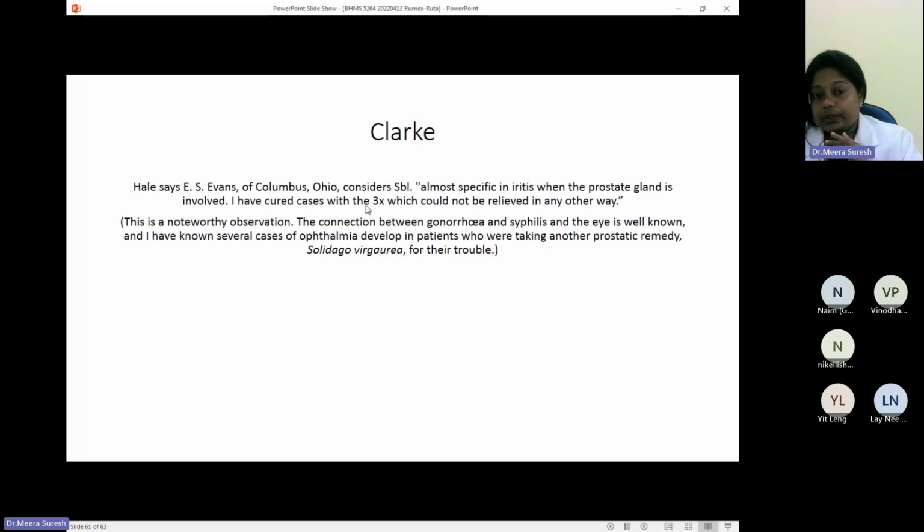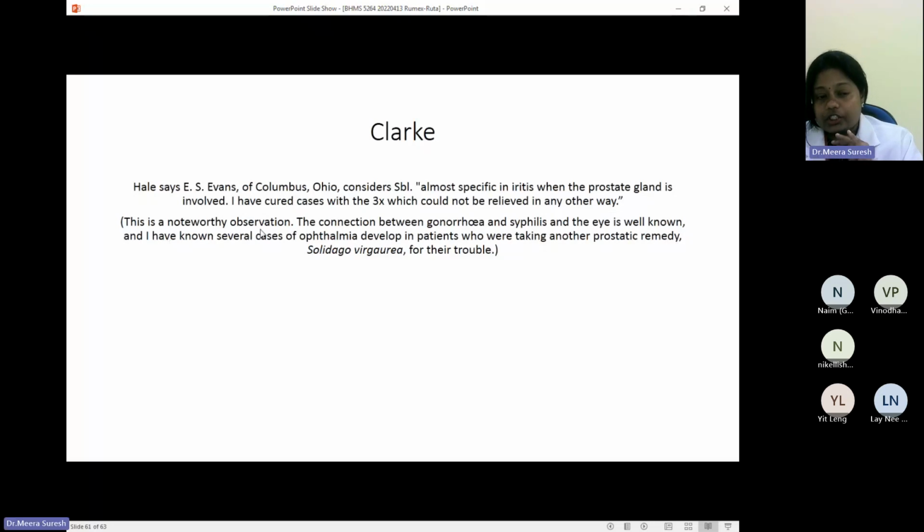He had cured cases with 3x which could not be relieved in any other way. So iritis plus prostatic complaint. Earlier, even in Boericke, this was not mentioned properly, but in Clarke it was mentioned: iritis with prostatic complaints.